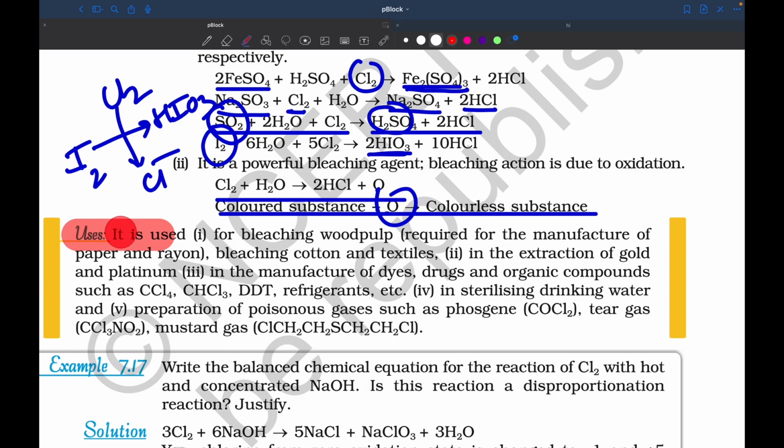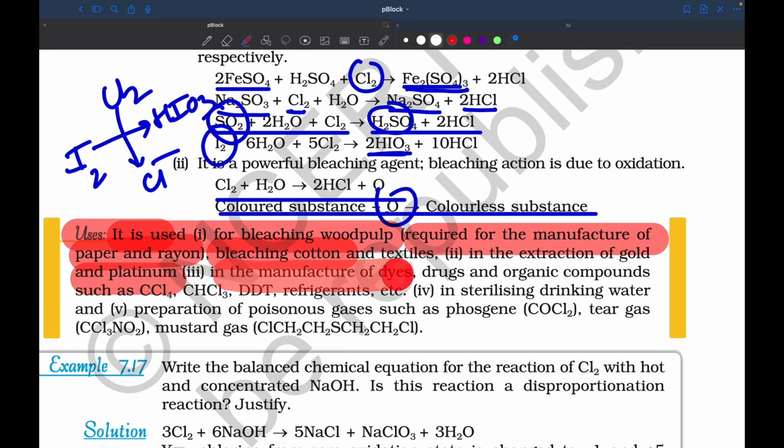Yes, sir. It is used for bleaching wood pulp required for the manufacture of paper and rayon, bleaching cotton and textiles. Second, in the extraction of gold and platinum. Third, in the manufacture of dyes, drugs, and organic compounds such as CCl4, CHCl3, DDT, refrigerants. Fourth, in sterilizing drinks, water.